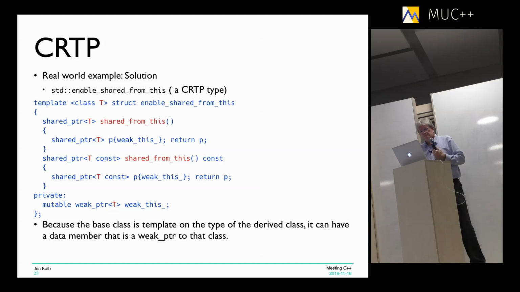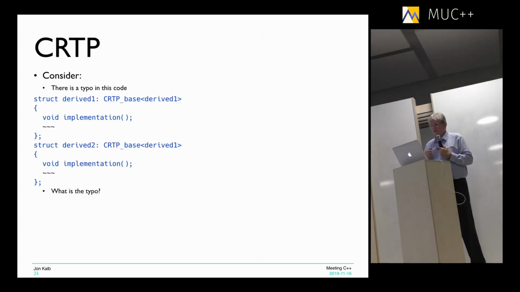All right, so this is basically showing you how to do this. Now, there's a typo in this code. Who sees the typo? There's a bug in this code. What's the problem? Okay, so in the first case, we have Derived1, which is deriving from the CRTP base, instantiated on Derived1. That's fine.